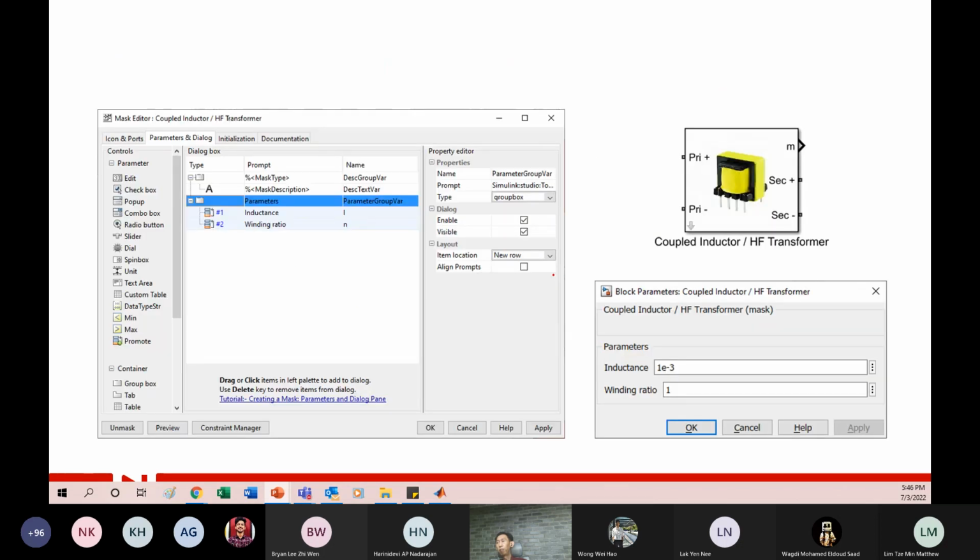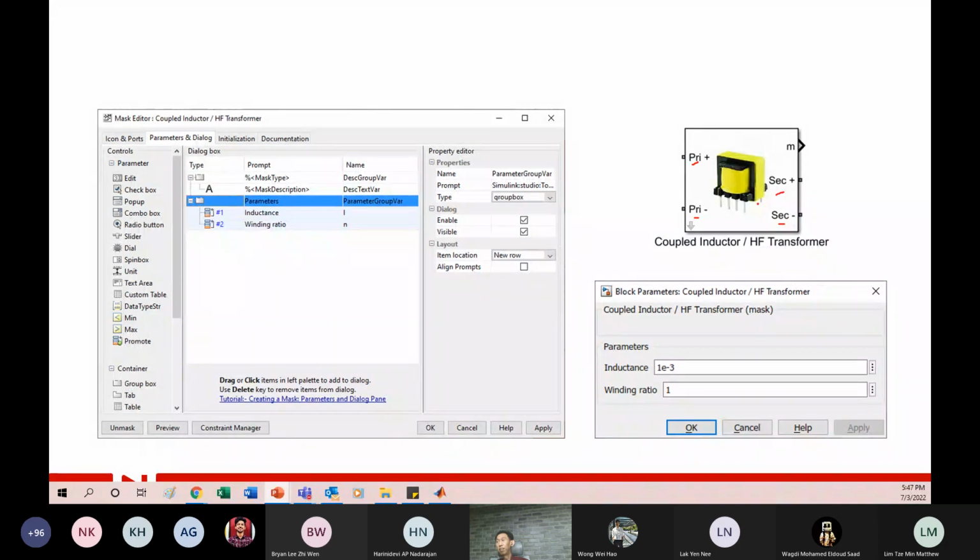Once you make a block, you can put a picture there, and then you can model what we call this high frequency transformer. Then of course you can have an N ratio, which is your winding ratio, and then you can add the inductor.